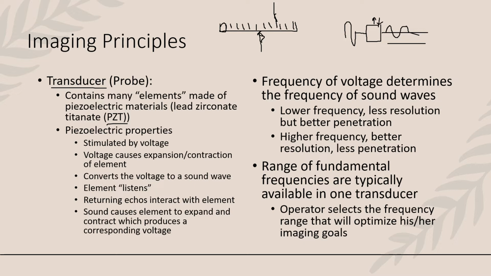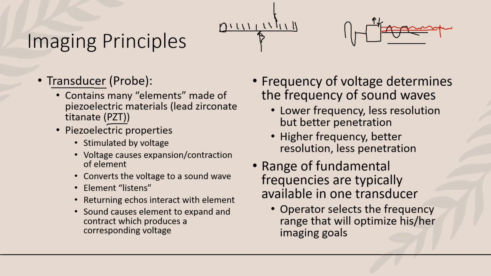Now, this works really well on the receiving end as well. What we talked about was the emission end, or the transmission end. Now we can talk about the receiving end. As that sound goes down into the patient's body, it's going to be interacting with different soft tissues or bony tissues. And when that sound hits a particular tissue, oftentimes some of the sound will proceed and other parts of the sound will be returned as an echo.